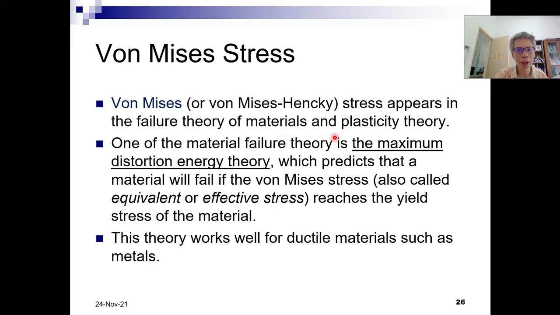Basically, this theory, which is also called the maximum distortion energy theory, predicts that a material will fail if an equivalent or effective stress called von Mises stress reaches the yield stress of the material. And this theory works well for ductile materials such as metals, in particular steel.